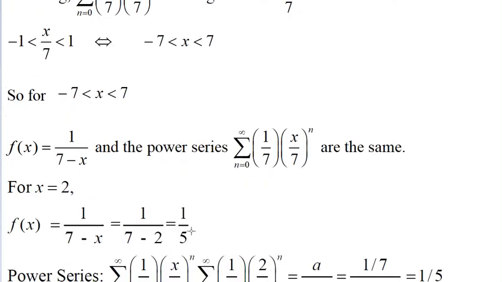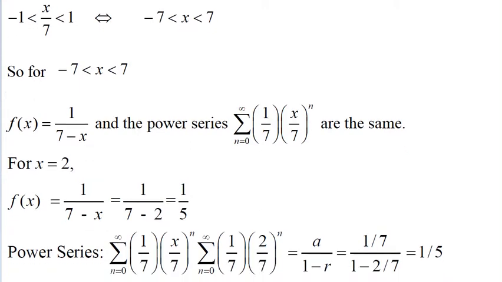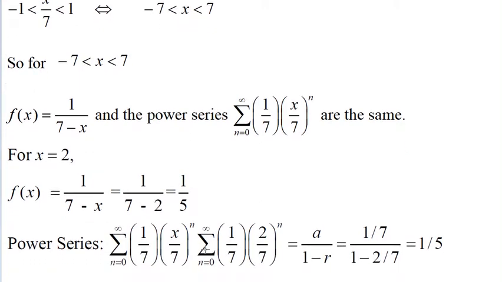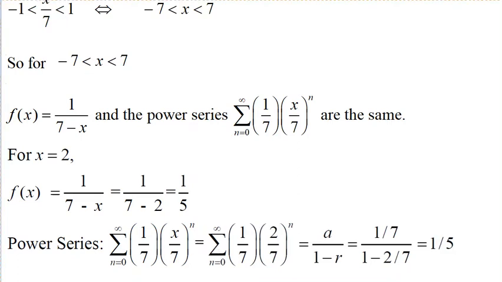And for the power series, when x is 2, we put a 2 right here, and we know that this is a geometric series. And it converges to a divided by 1 minus r. And so a is 1/7, r is now 2/7, because x is 2.